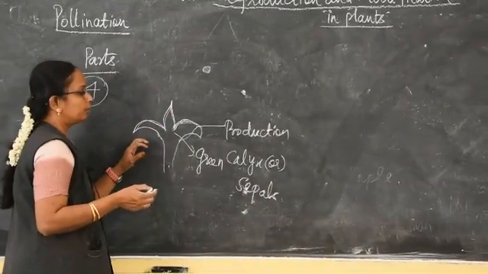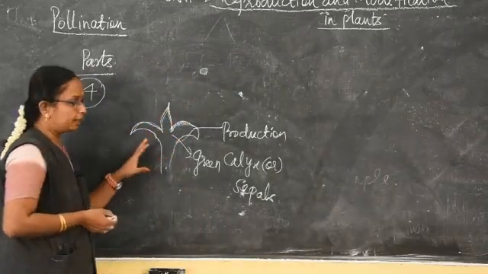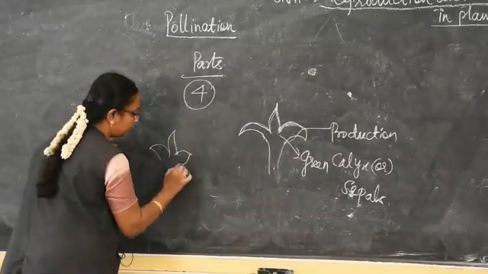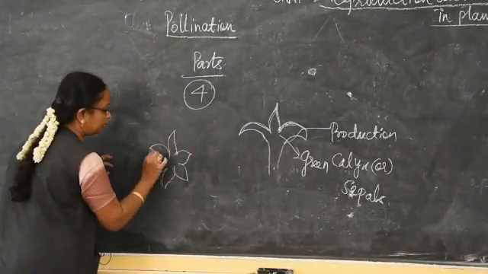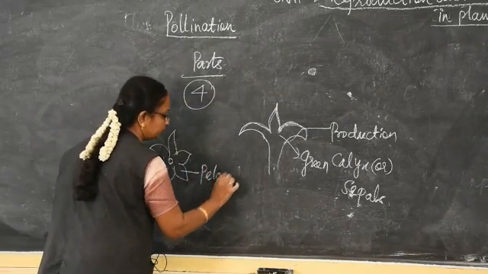And what is the main function? Giving protection to the bud. And then the second whorl of the flower is known as the petals or the corolla.